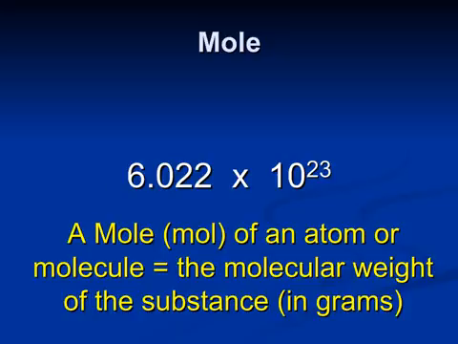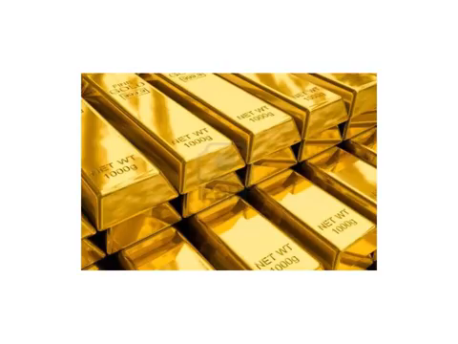Need an example? Okay. Let's say we have some pure gold. It's an element, right? If we want to have 1 mole of this pure gold, how many gold atoms would there be? Right. 6.022 times 10 to the 23rd gold atoms. Because that's what a mole is.